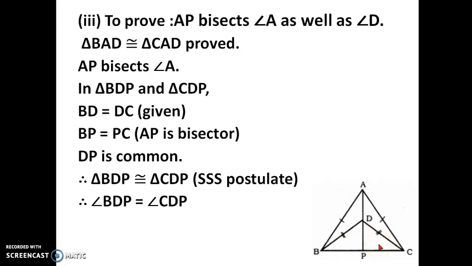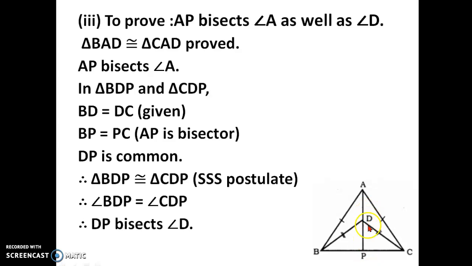So by that we can prove that angle BDP is equal to this angle, because they are corresponding parts of congruent triangles. If they are equal, what does it mean?